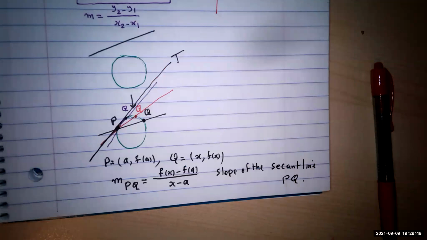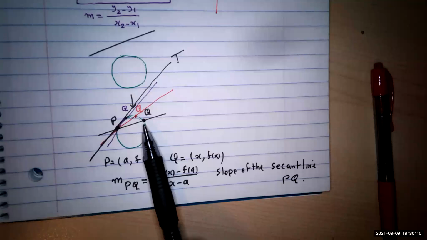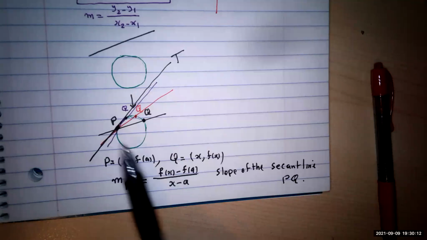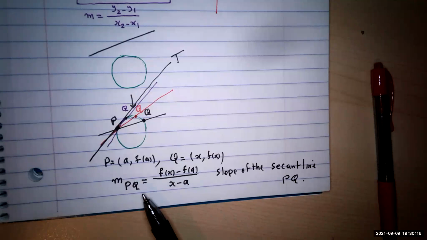So what does this tell you about the procedure? Look at this quotient. This quotient is the slope of a secant line. When you move at different times, you get different x's, so you find these values. As the point Q gets closer and closer to the P, this quotient can be estimated by a number.